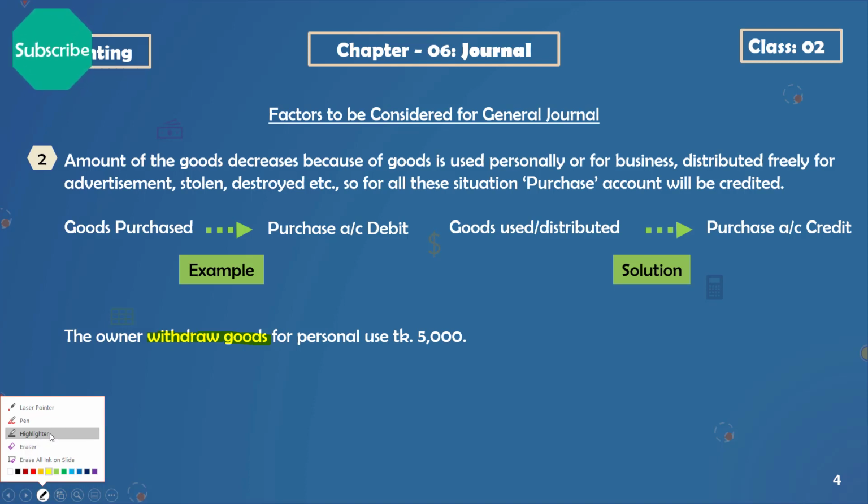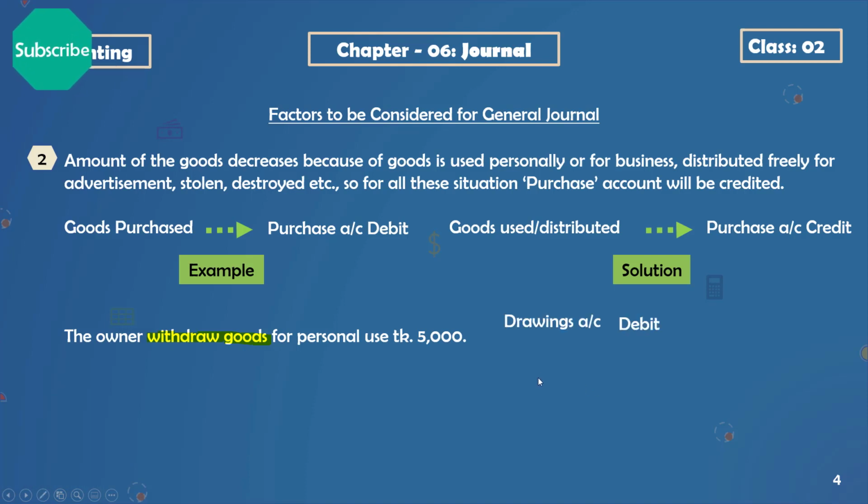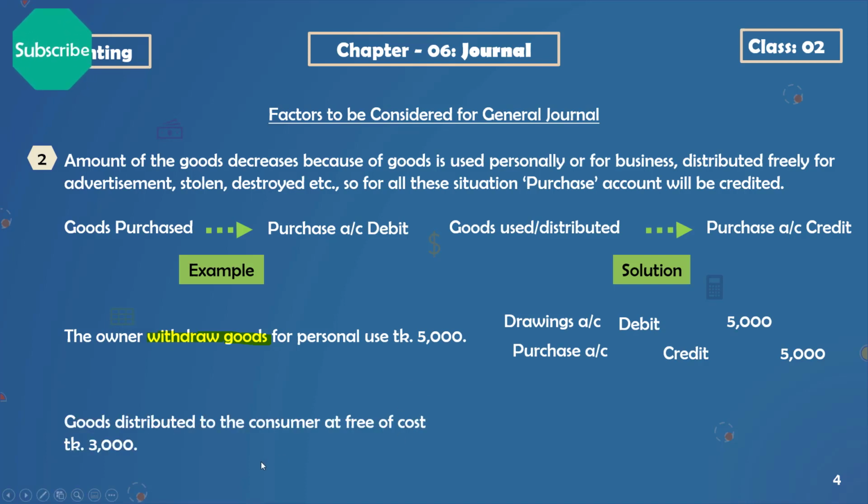So here the journal is drawings account debit and purchase account credit. Then another transaction: goods distributed to consumers free of cost, taka 3,000. We distribute goods free of cost when we want to advertise our goods.